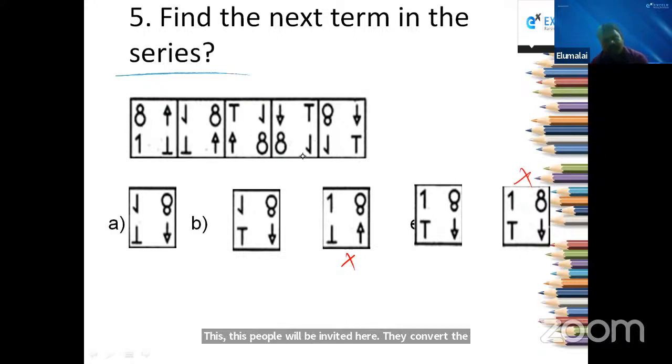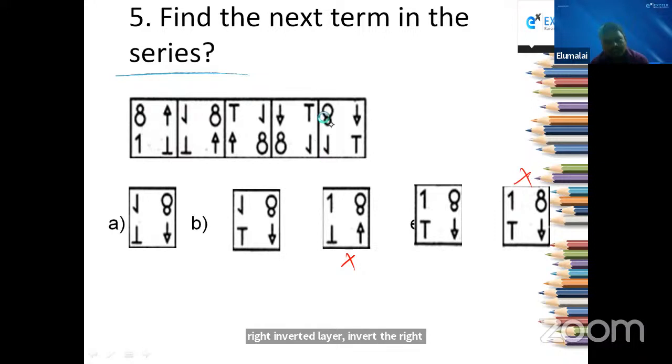Very good. Many of you have answered it correctly. Right. So when you come to this one, right? Here this figure will be inverted, then inverted right, inverted left, inverted right bottom, right, then inverted left bottom, then again it will be inverted, isn't it?